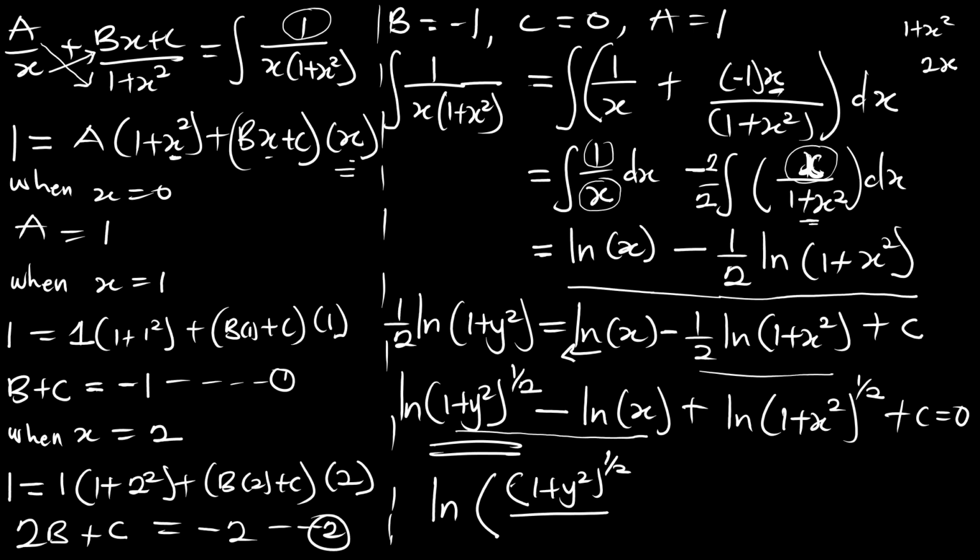X. And the whole thing is also adding to this, so they are going to multiply this part, which is also 1 plus x squared raised to the power half. So this is our final solution. Let me equate everything to the constant c. So this is the solution for the problem.